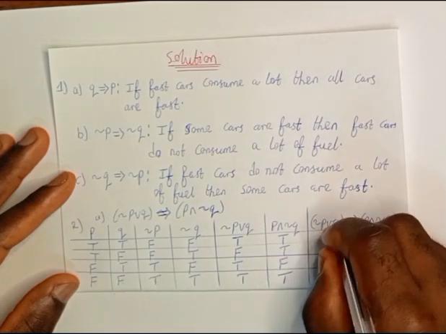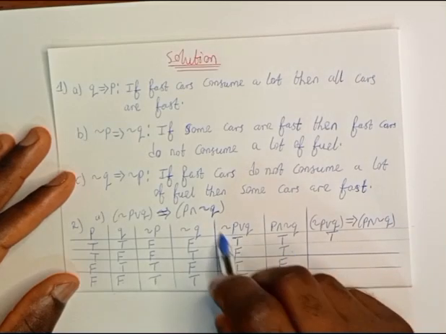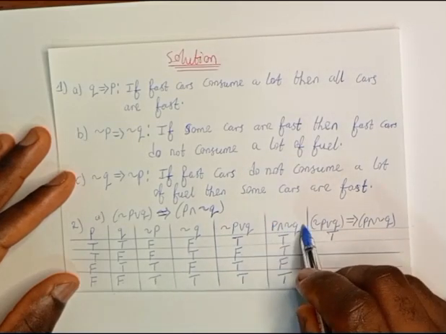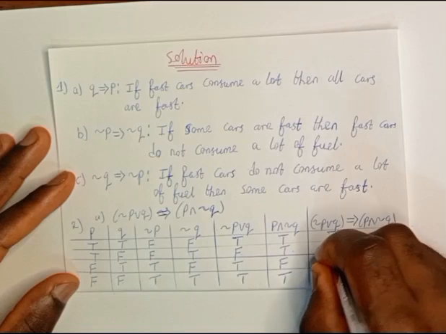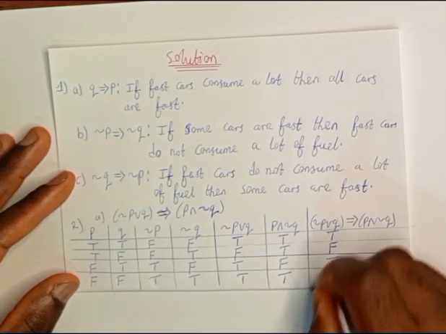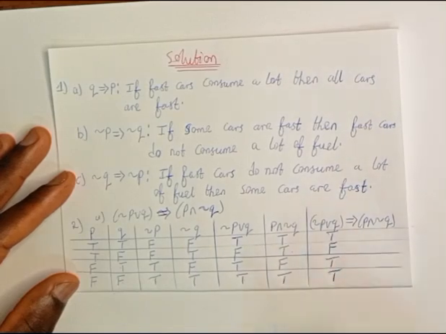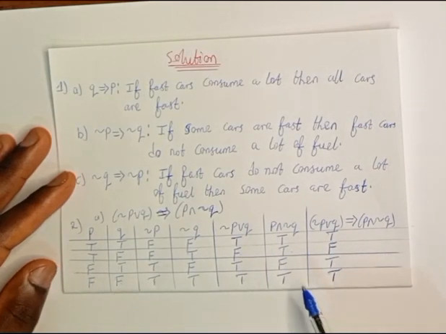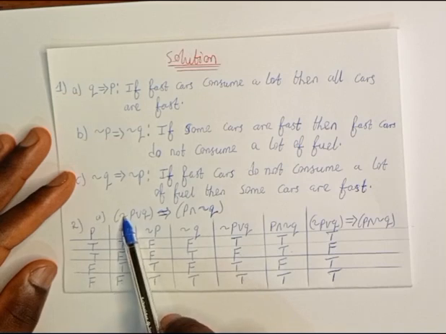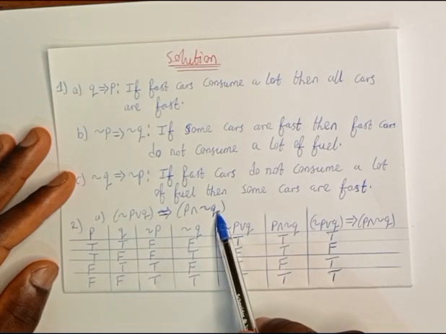True, true gives us true. False, true: the hypothesis is false, the conclusion is true, gives false. True, false gives true. True, true gives true. This is a truth table for not P or Q, implying P and not Q.